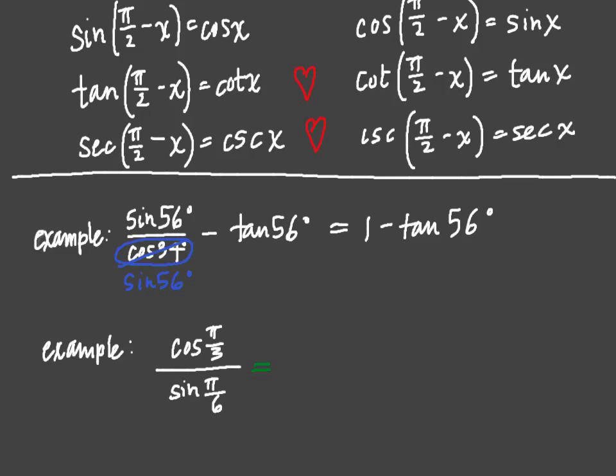So cosine of pi over 3, we know that that is the equivalent of sine of pi over 6. This was like our concrete example from up above. And let's not change the other one. You don't want to change them both or you'll be right back where you started. You just want to change one, get it to match. And we know that this equals 1, so there we go. This is totally simplified. And a lot of the time, like the expressions that we were simplifying before, you are probably going to get zeros or ones.